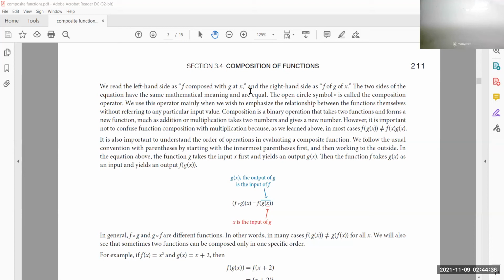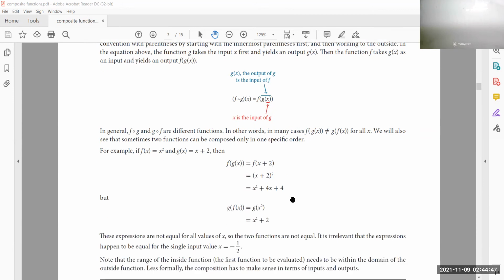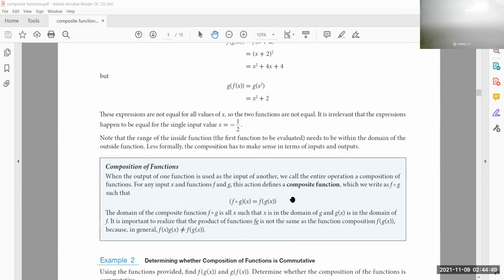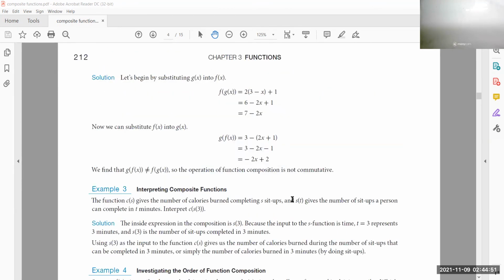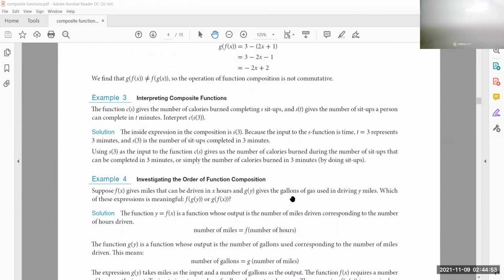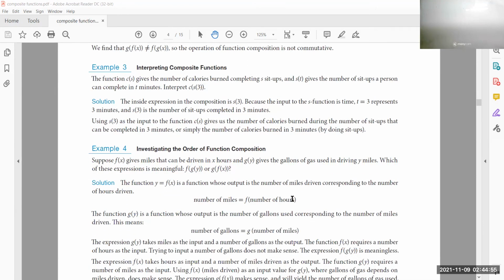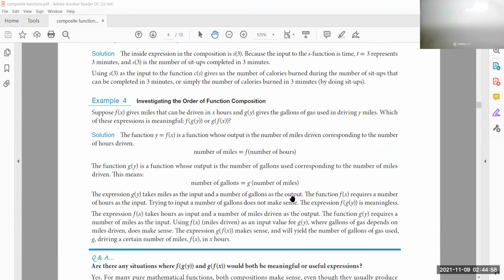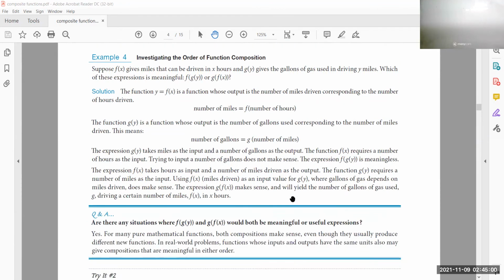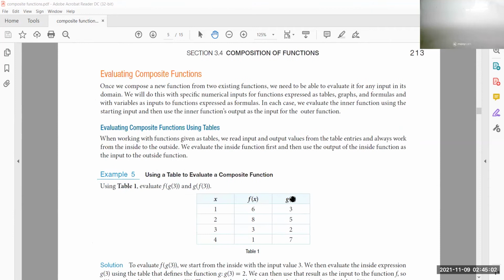So f composed with g, f of g of x. Notice that the output of one is the input of the other. Okay, so you have a very nice example here, and the definition, some interpretation, etc. Which one is the inside, which one is the outside function. So I strongly recommend that you read this information, and we'll go from there.